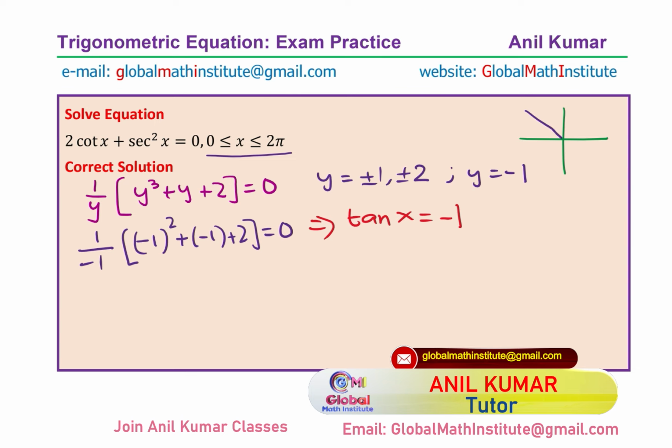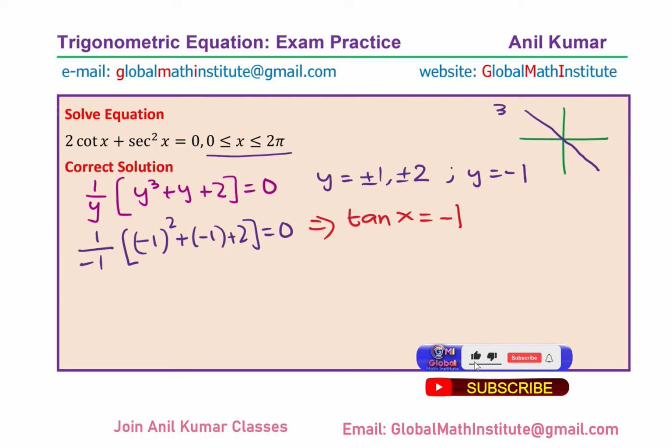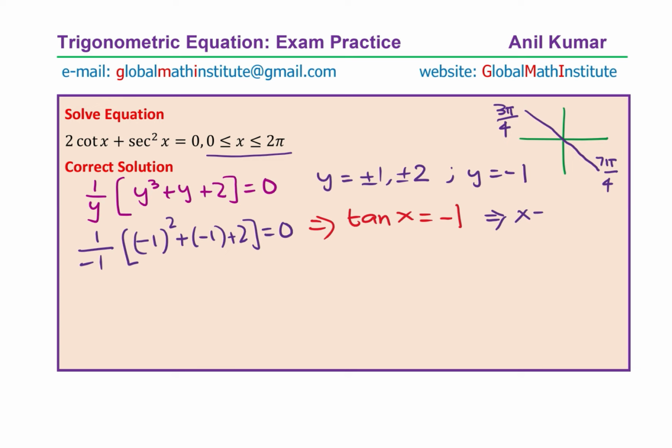Because tan x is negative 1. So that means this is 3 pi by 4 and 7 pi by 4. So that gives you the value of x as equal to 3 pi by 4 and 7 pi by 4.